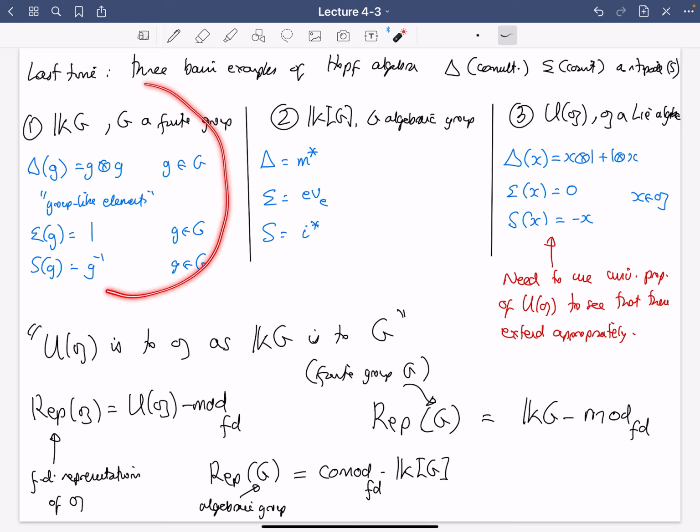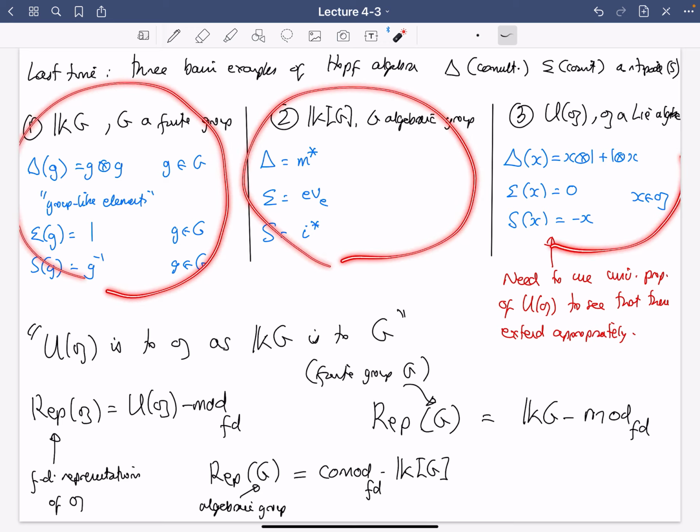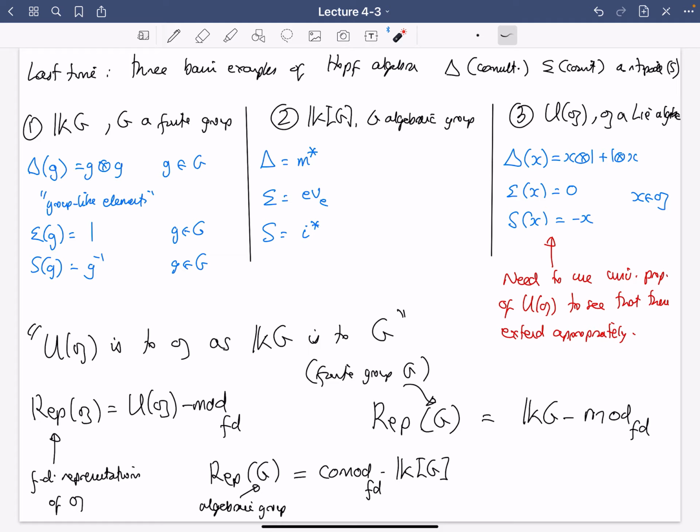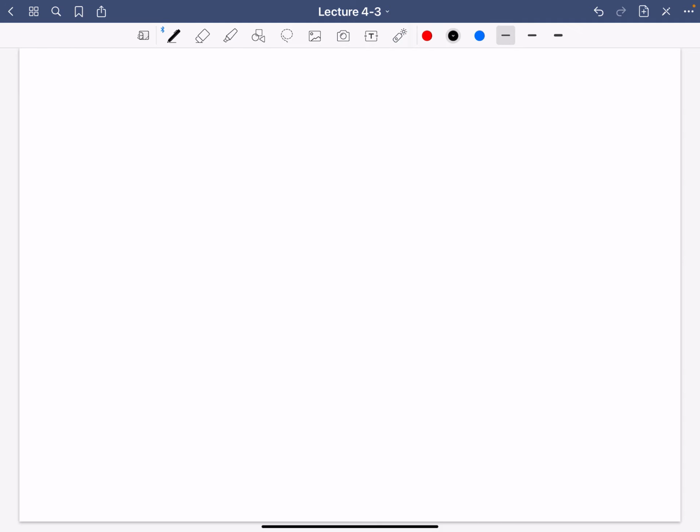Okay, so the three basic examples of Hopf algebra, we have them all appearing in front of us here. So why is this important? Let's be a little bit general.